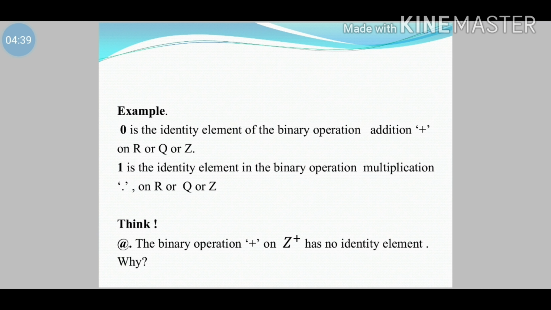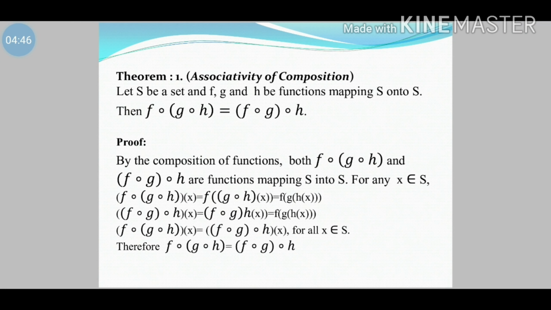Think about the binary operation plus on Z plus, the positive integers: it has no identity element. Why? Here is a theorem, associativity of composition. The statement is this: let S be a set and f, g and h be functions mapping S onto S. Then (f composition g) composition h is equal to f composition (g composition h). We want to prove that the LHS is equal to the RHS.